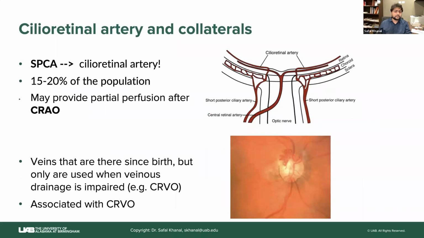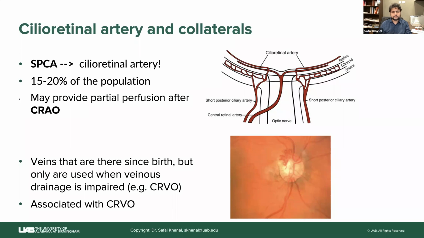There can be a cilioretinal artery in some individuals, which is a branch of the short posterior ciliary arteries. It is found in around 20 to 50% of the population. And in conditions such as central retinal artery occlusion, which is the occlusion of the central retinal artery, it can provide perfusion to the retina, and also there is perfusion to the fovea from the choriocapillaris of the choroid.